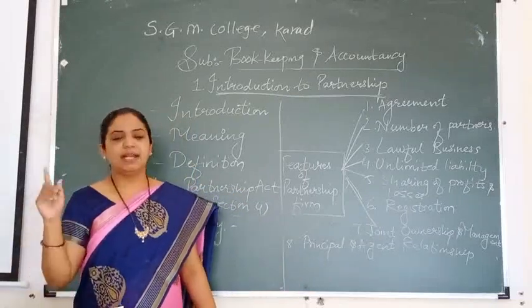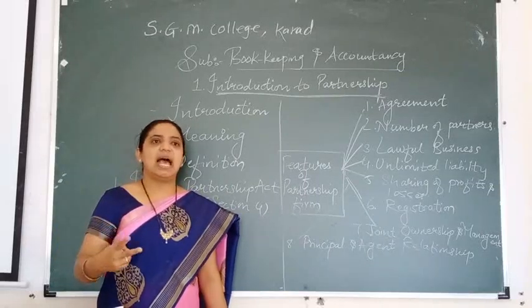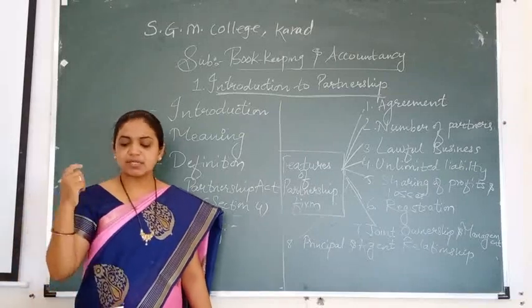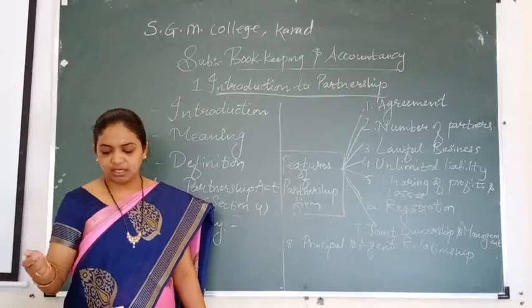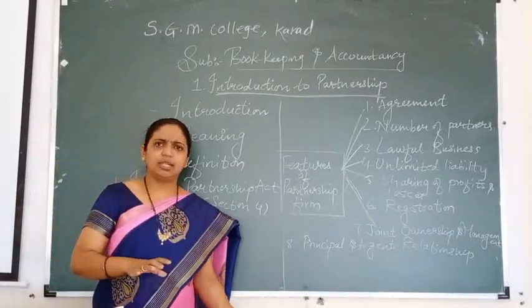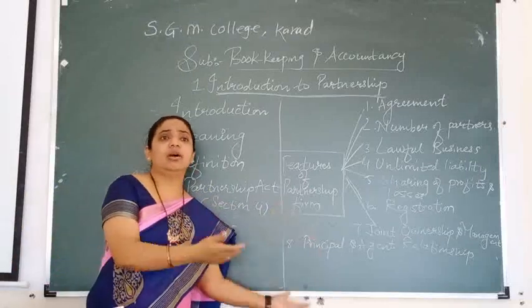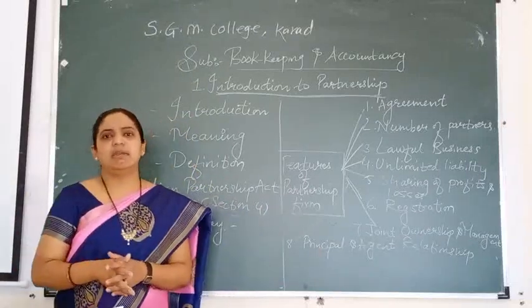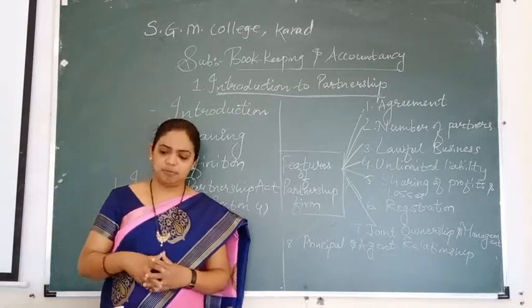So every partner acts in a twofold capacity, as principal and agent. He acts as a principal of the firm with outsiders, and with other partners he acts as an agent. When you are dealing with a third party or with a partner, a principal and agent relationship is formed.